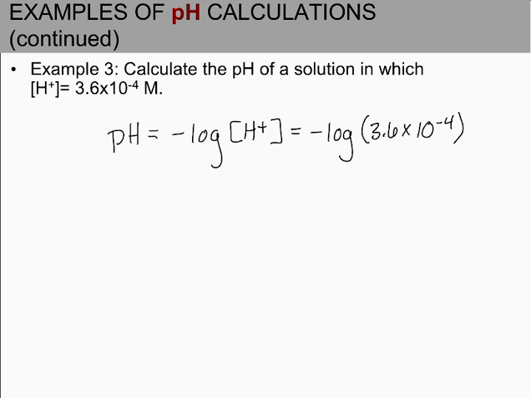All right. So I get a value of 3.44 for the pH. So if you're not getting the same value, again, just double check with me, or maybe use a different calculator or something. I want to make sure you get the right answers, because if you take a quiz, I don't want you to get the wrong answer for your problems.